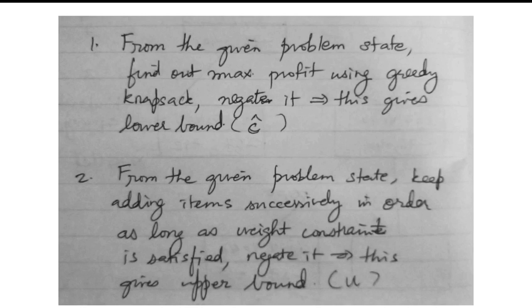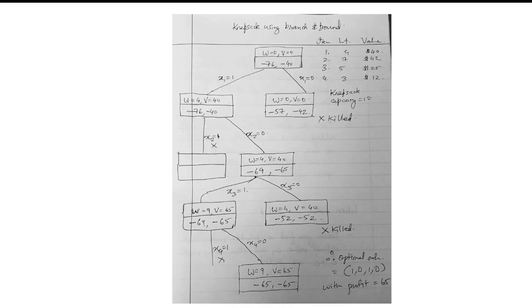This gives you an upper bound. And you negate it, of course. The second one is actually a lower bound, but because you are negating it again, you make it an upper bound. So this is basically what you are doing.